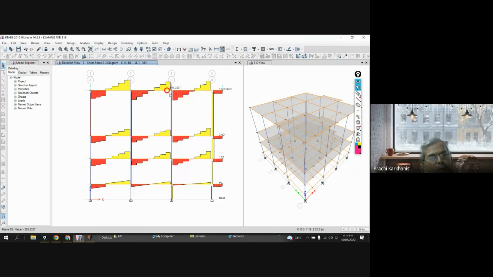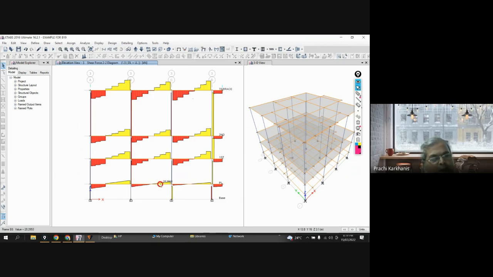This is the shear 2-2 in your diagram. You can see this is a major shear force. Now this red means negative and yellow means positive.